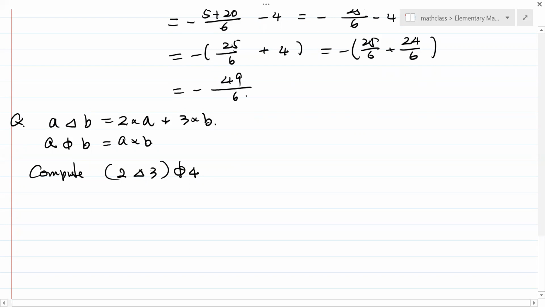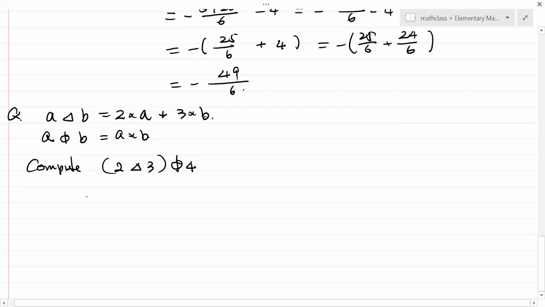I'll give you a half minute to work this out. We just define this operation. It's like addition or multiplication: A triangle B represents the expression on the right-hand side. So that means you can put bigger parentheses here.